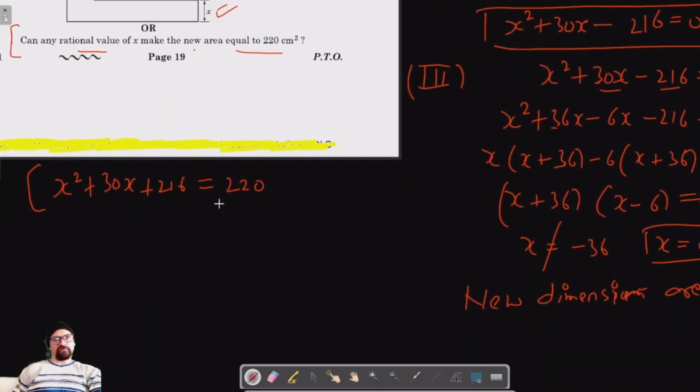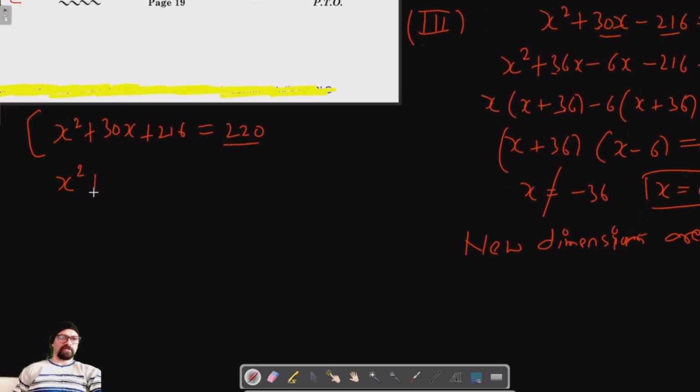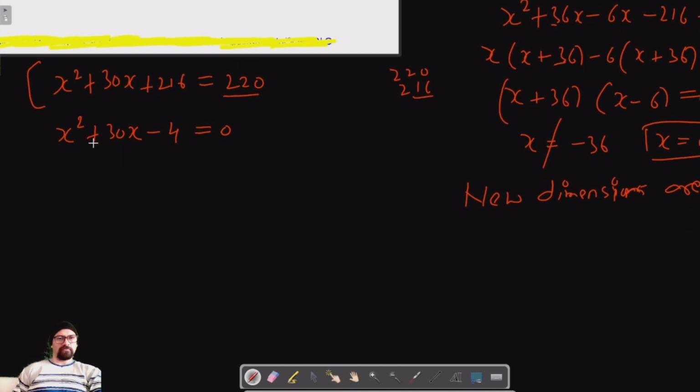Can any rational value of x give us the value 220? So let's check. Let's make the quadratic equation, so 220 minus 216 is negative 4. And now, will any value of x give us a rational value when we try to solve this? For that, the discriminant should be a perfect square.